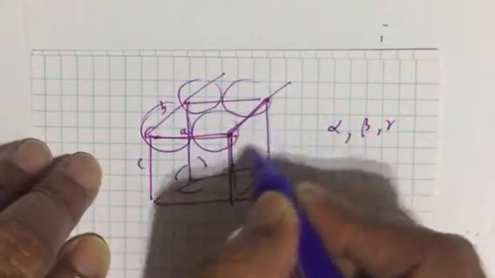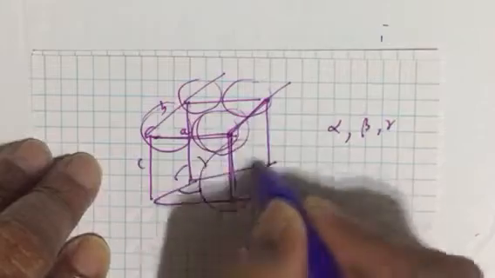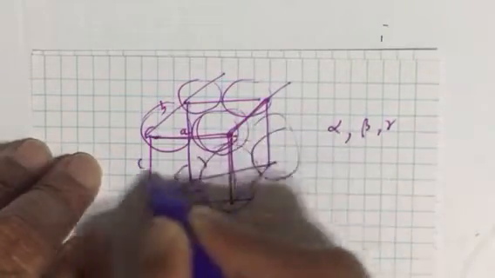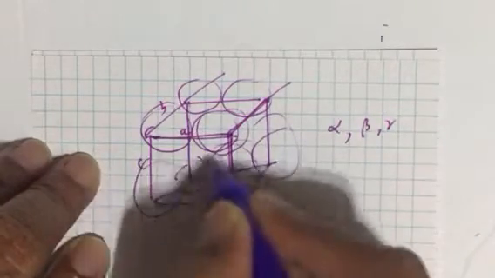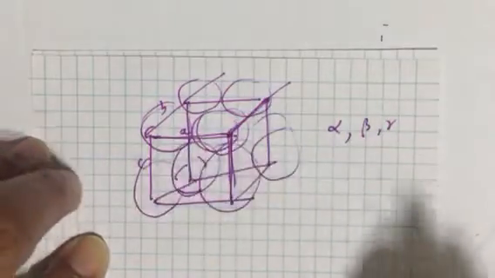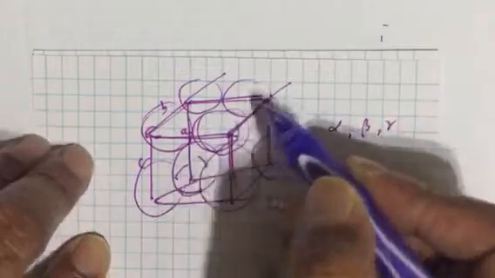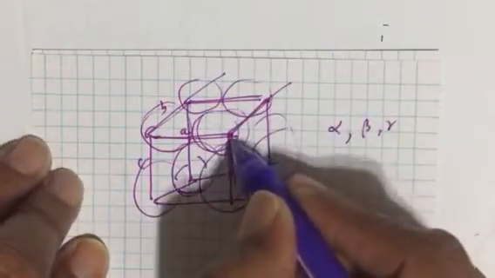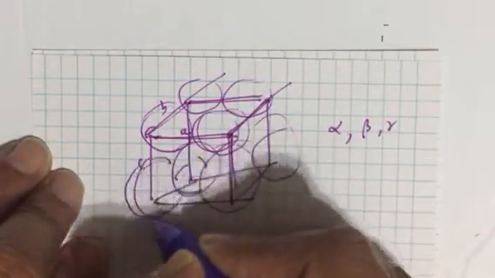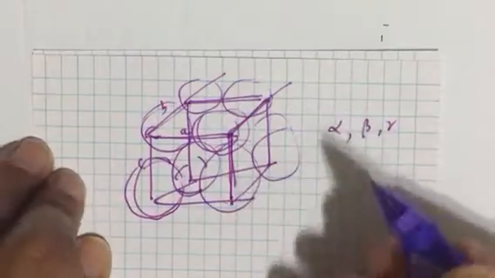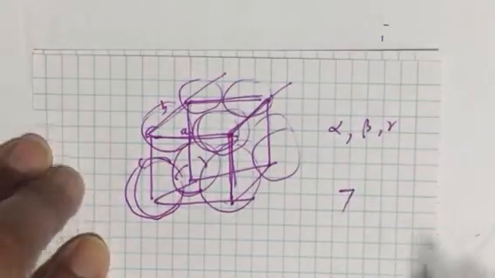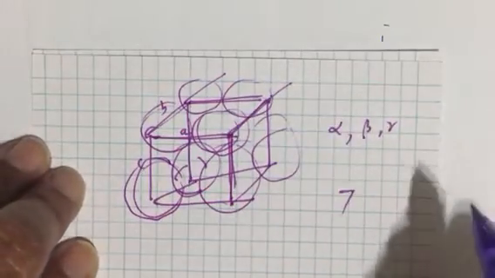It looks like a simple cube, for example. The three-dimensional arrangement of particles which is repeating is called a unit cell, and unit cells are of many types. There are 7 fundamental types of such crystal systems.